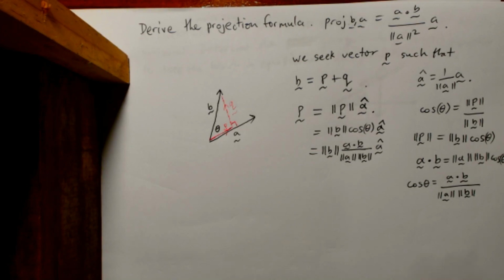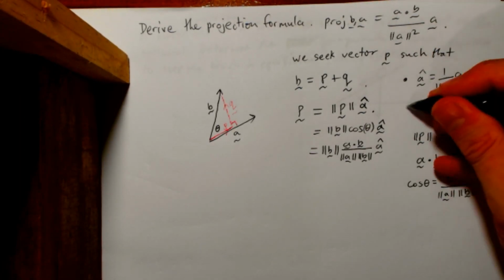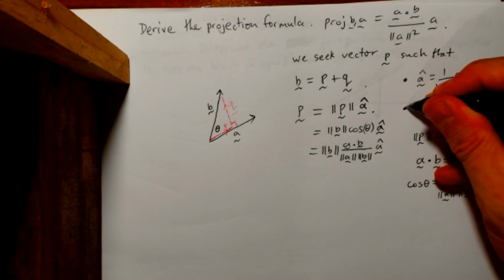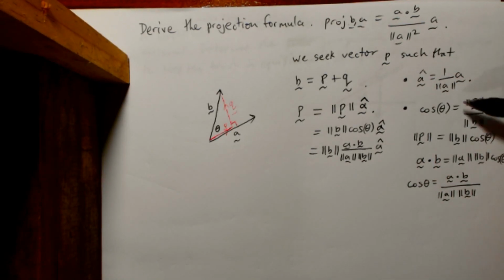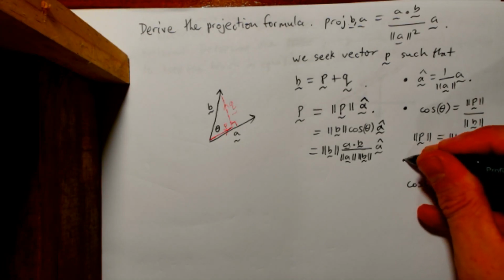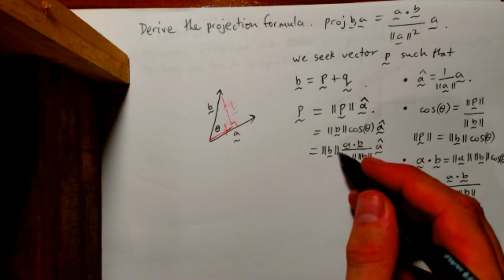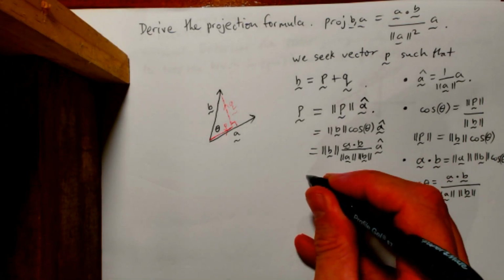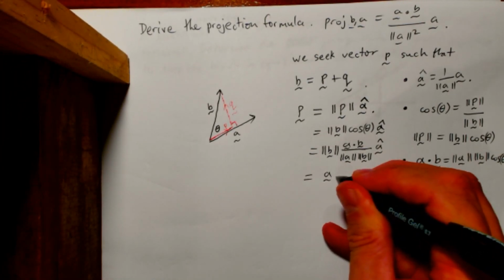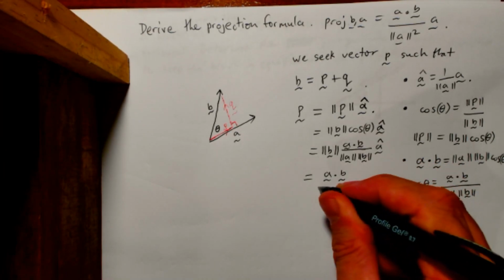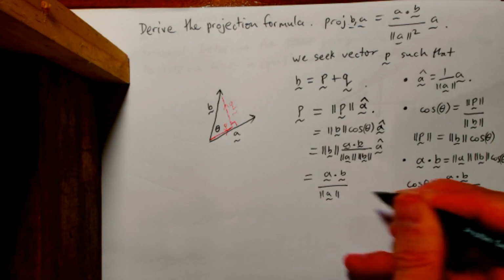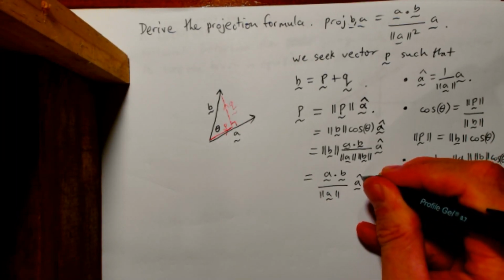While we're at it, I'm going to put dot points next to each fact that I've used, but this is a rearrangement of that, so I won't put a dot point there, and a dot point here, because that's a fact, and then this is a rearrangement of that fact. So far there are 3 facts that we've used. Let's simplify this, because we can cancel the norm of B in our fraction. So we have A dot B over the norm of A, and then times A hat.